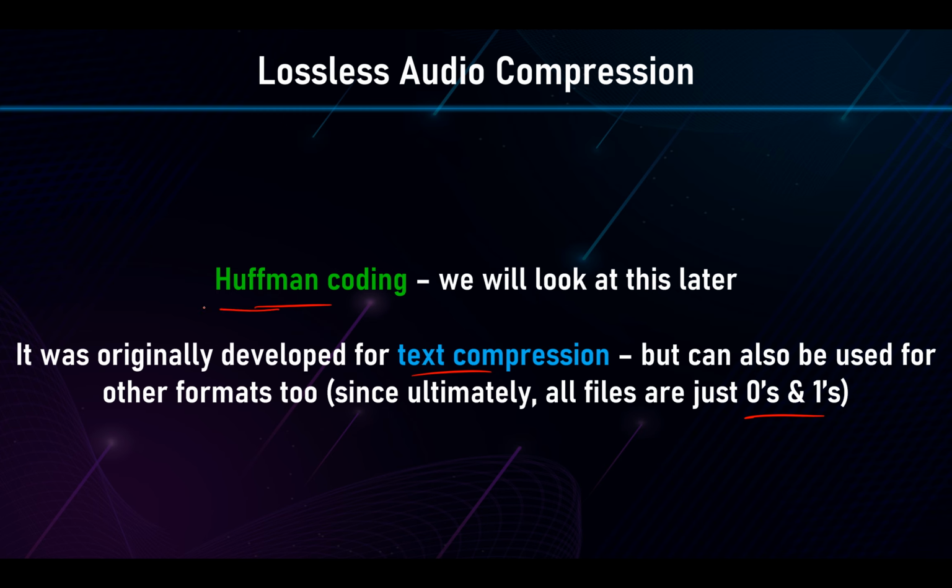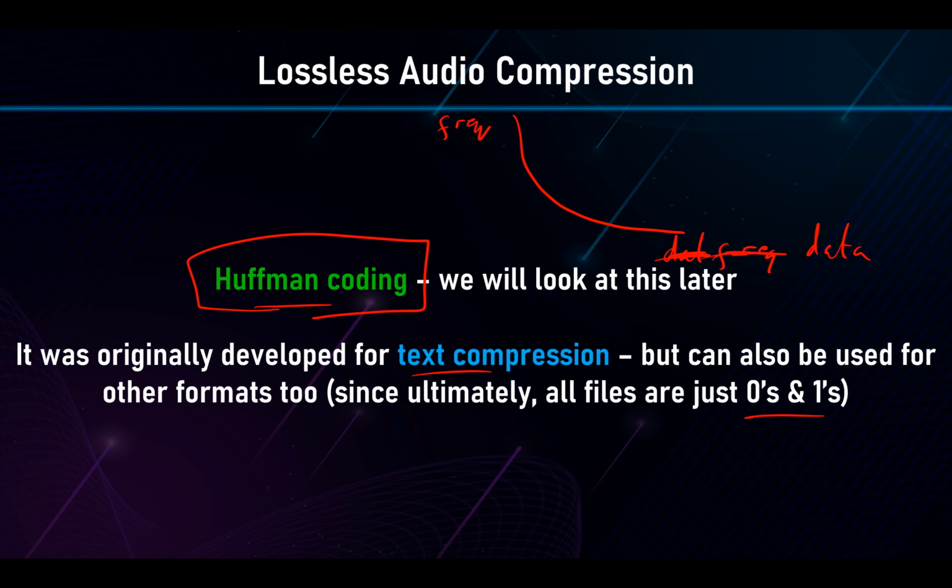Where Huffman coding works well is if we have some values that are common. This was the chart. This is the data here, and this is the frequency on this axis.